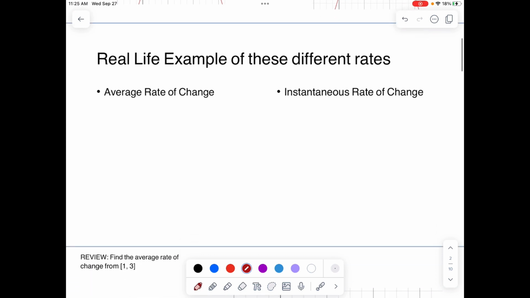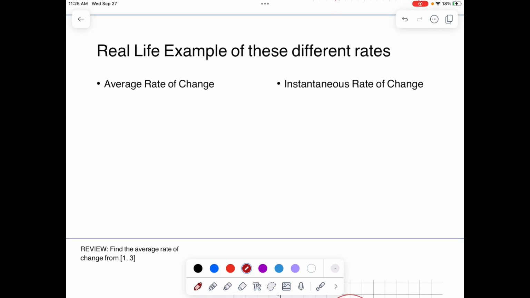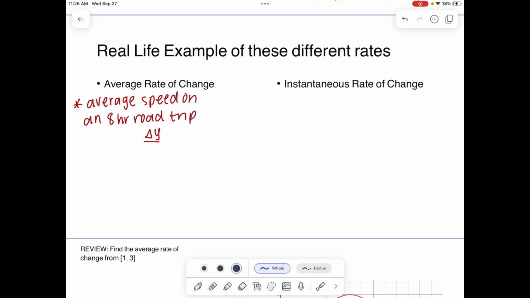So here's a real life example of these different rates. For example, you could take the average speed on an 8-hour road trip. That would be your average rate of change. You would just take your change in distance over your change in time, so you could write change of d over change of t.